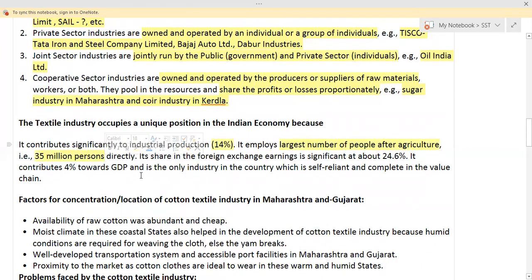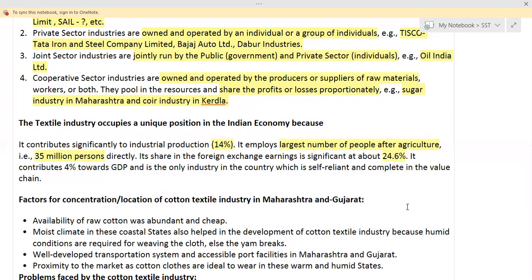Its share in foreign exchange earning is significant at 24.6%. They send their goods to foreign countries and earn 24.6% of foreign exchange earning.